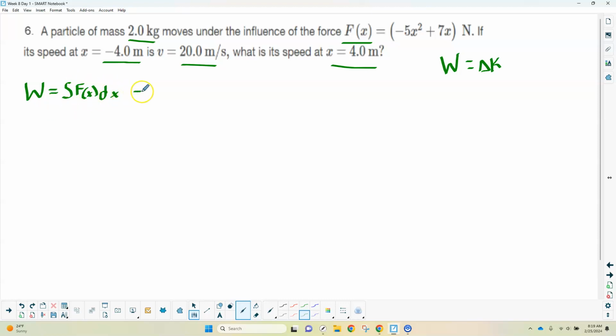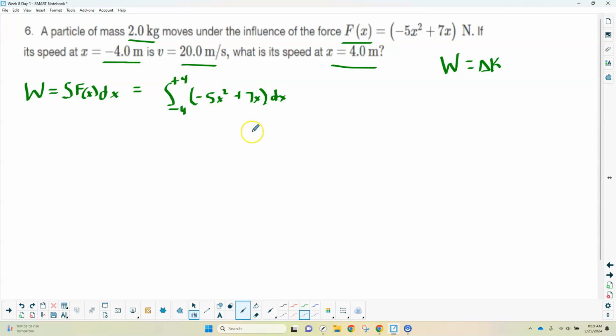So we're going to take the integral of this expression, -5x squared plus 7x, with respect to x. And we want to evaluate it from the beginning position, which is -4 meters, all the way to the final position, which is +4 meters.